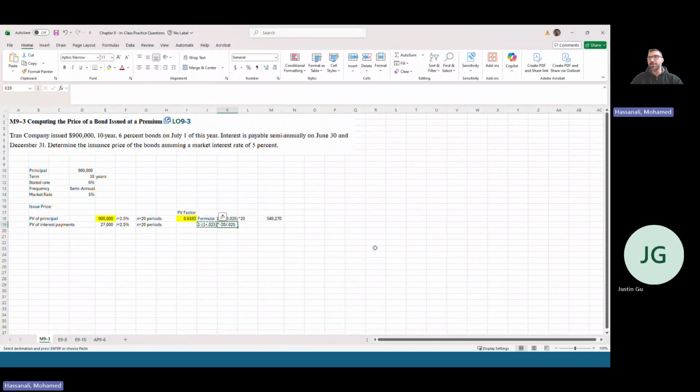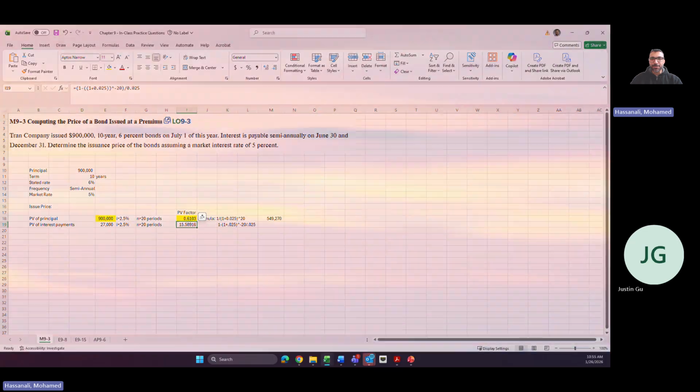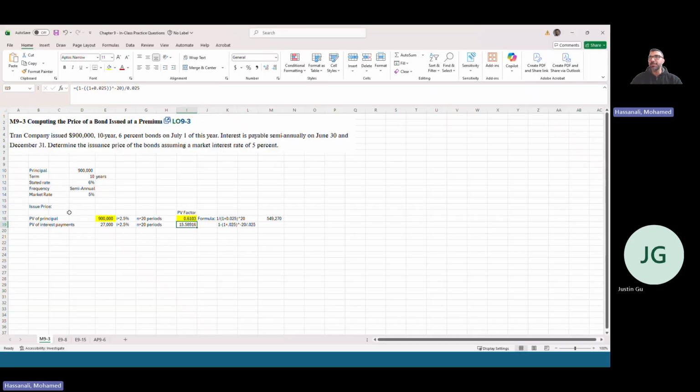So that's the formula that we're going to be using. We want to make sure that our brackets are in the correct spot. This should get us a present value factor of 15.5892.